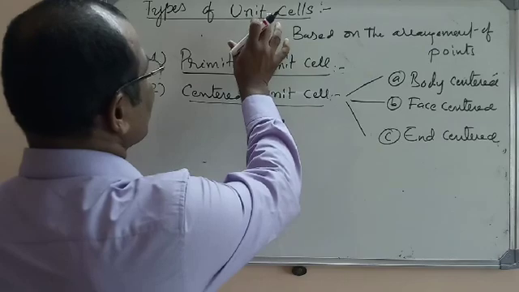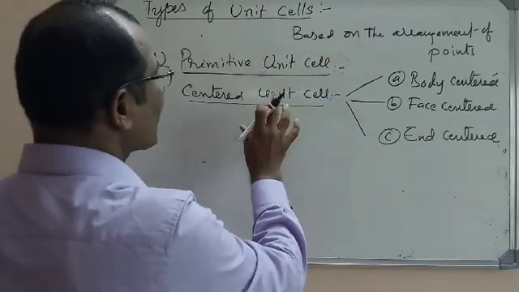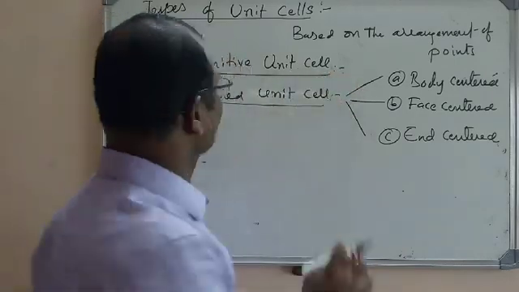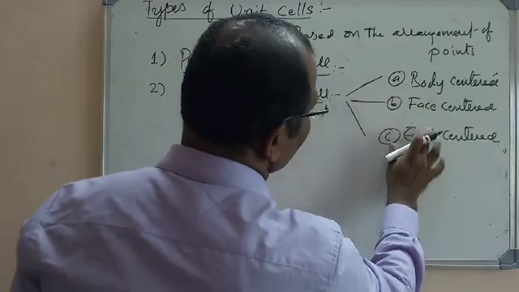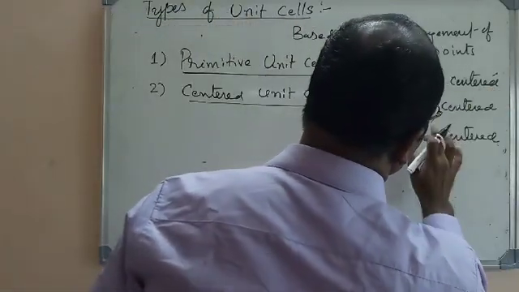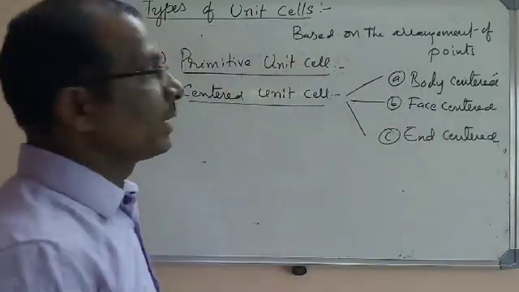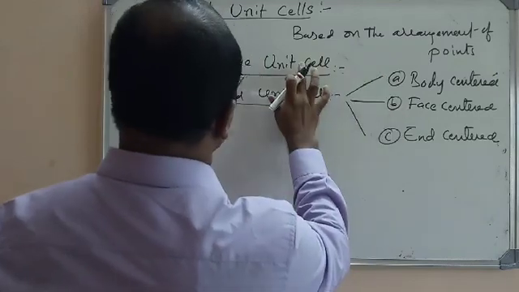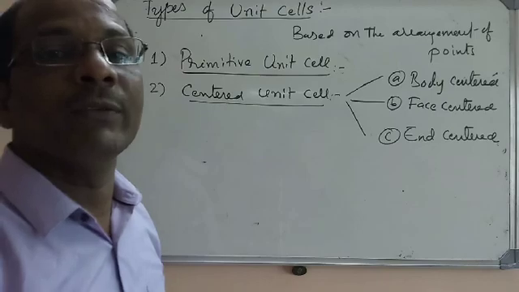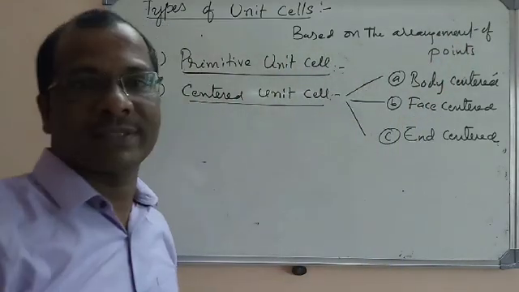But again, the unit cells will be of two types, primitive unit cell and centered unit cell. There is only one primitive type of unit cell and there are three centered unit cells, that is body centered, face centered and end centered. Altogether how many? 4. One primitive unit cell and three centered unit cells. All put together, 4 types of unit cells are possible based on the arrangement of the points.